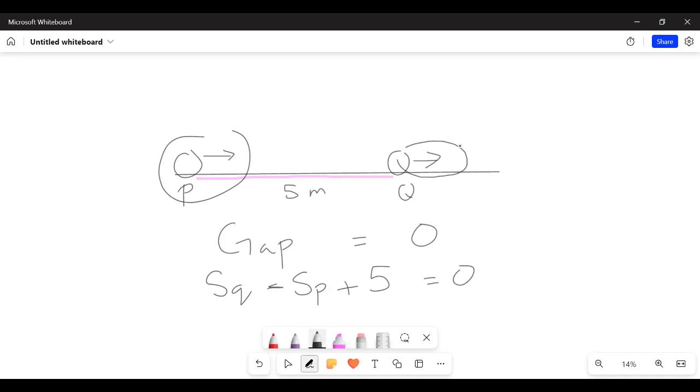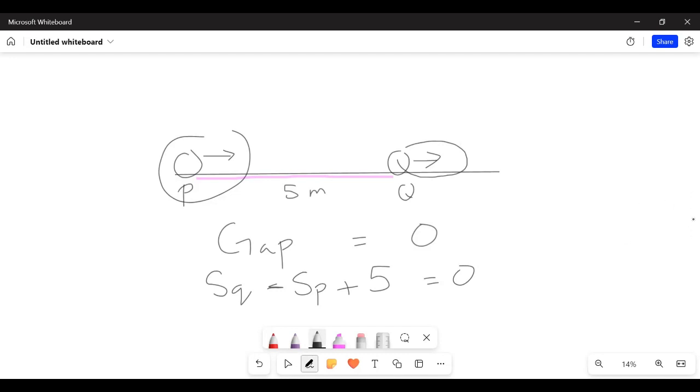So if you don't want to derive this equation like I did in the question, just remember this, that gap is the particle ahead's distance minus the particle behind distance plus the initial gap, if both the particles are moving in the same direction, like they were both going right in this question.